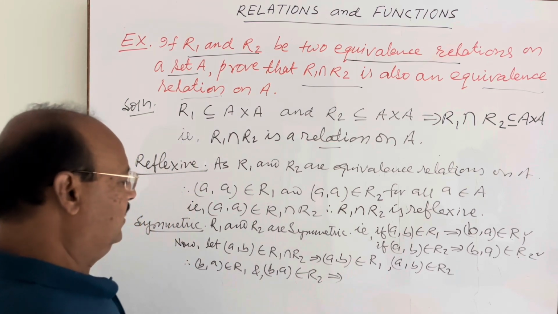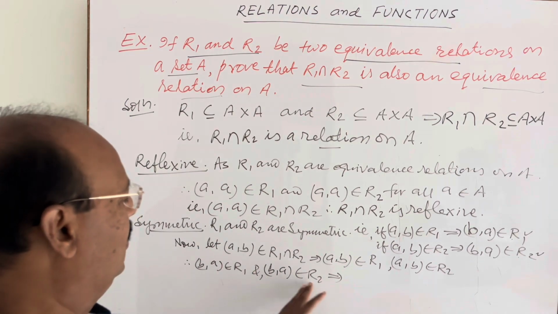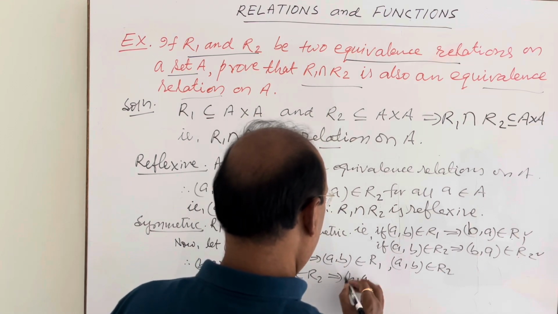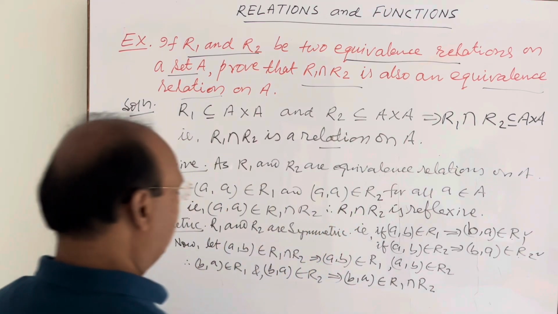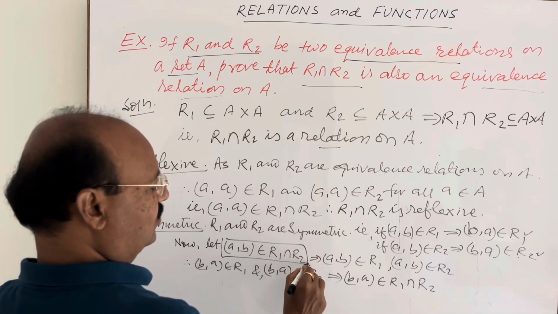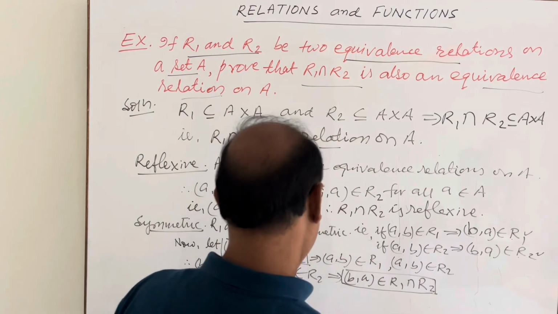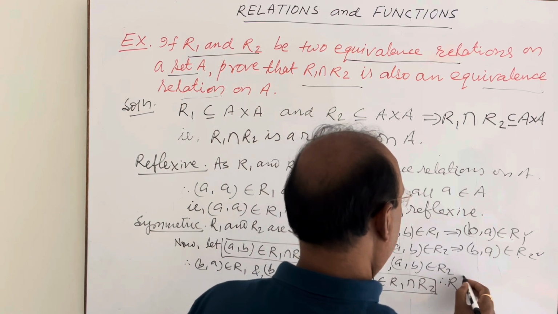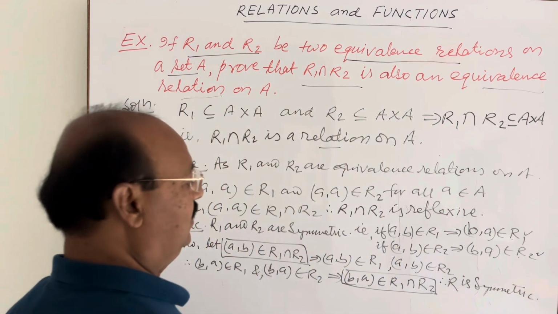This implies that (b, a) belongs to both relations R1 and R2, so it will belong to their intersection. Therefore, (b, a) belongs to R1 intersection R2. We supposed that (a, b) belongs to R1 intersection R2, which implies that (b, a) belongs to R1 intersection R2. Therefore, it is symmetric. This second part has also been proved.